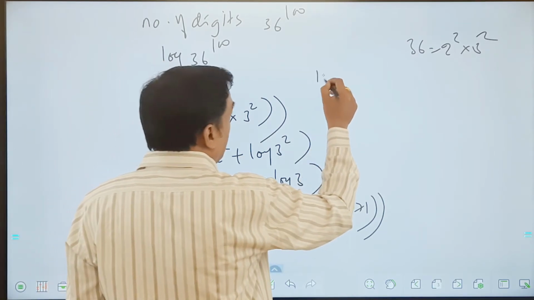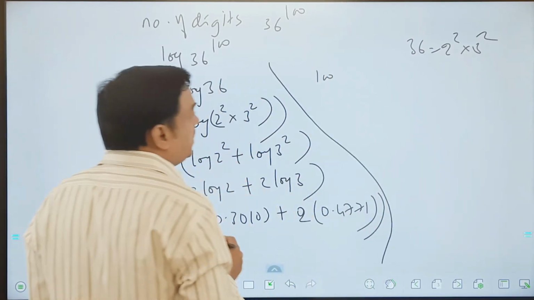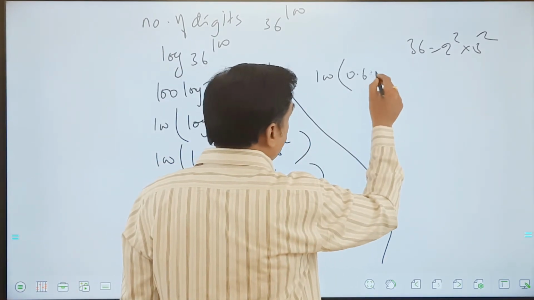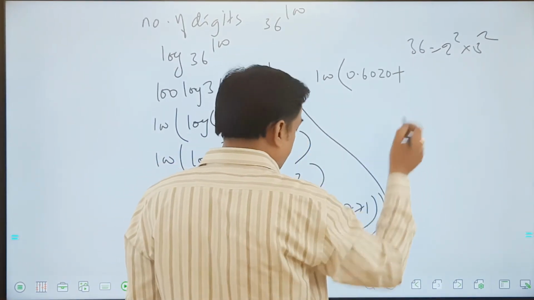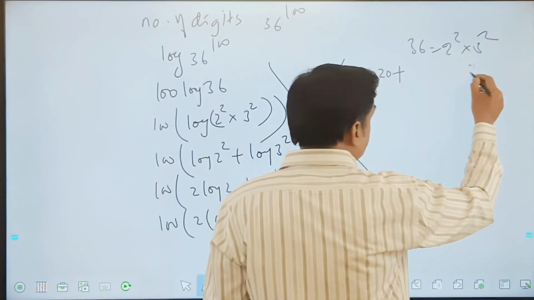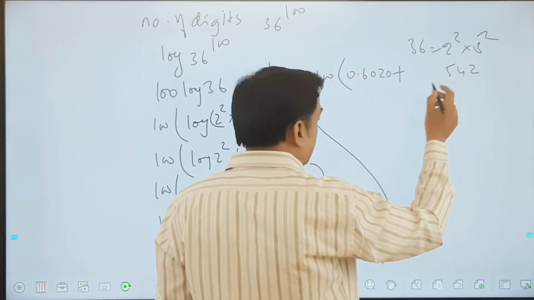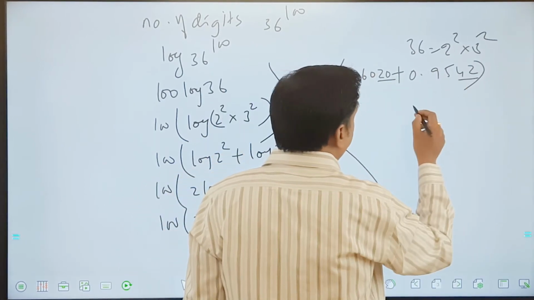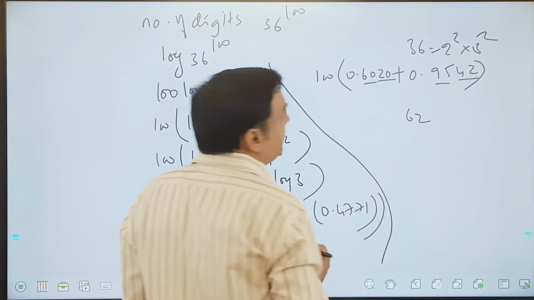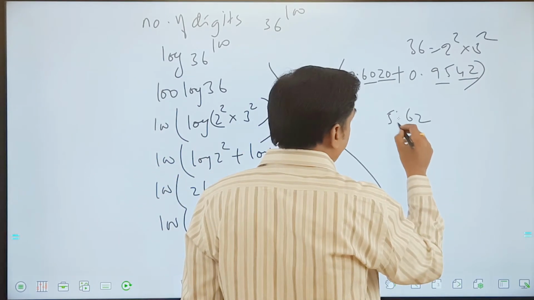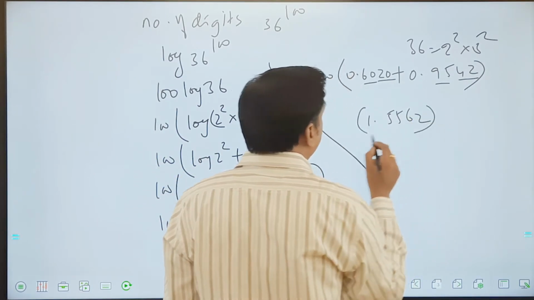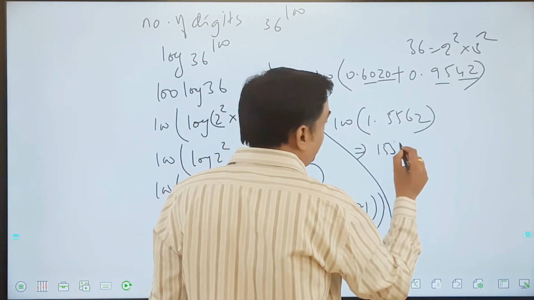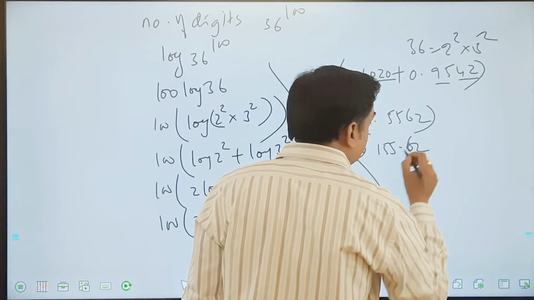Overall 100 into, if I multiply by 2, this will be 0.602 plus 0.9542, and the sum is 1.5562, and then multiplying with 100, the final answer will be 155.62.